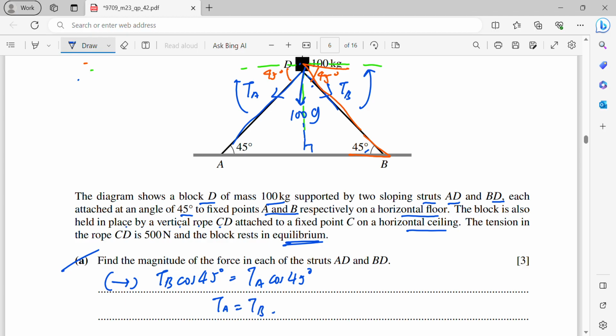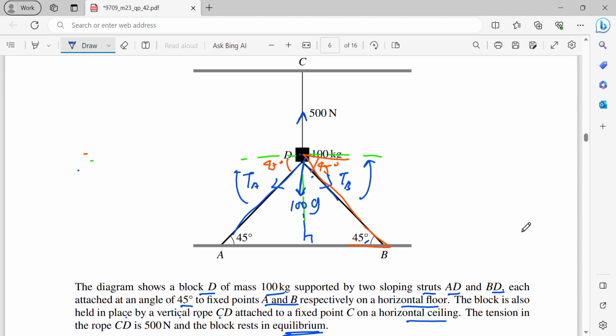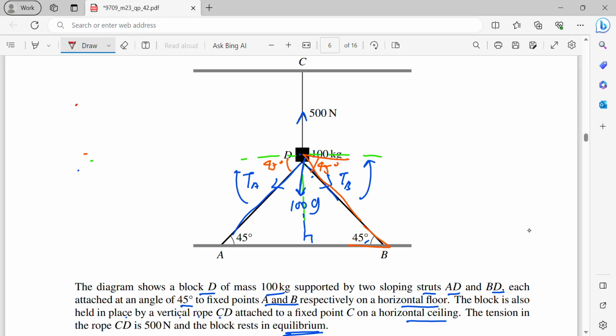Okay, then next I need to get the actual values of TA and TB by resolving the forces vertically. So vertically, this is going to be resolved down, here resolved down. And I know that here is 45 degrees. This is also 45.